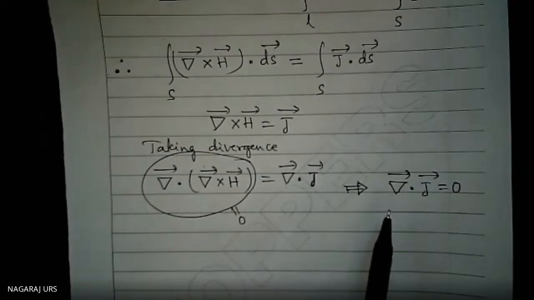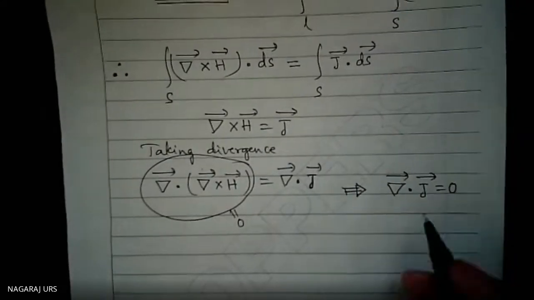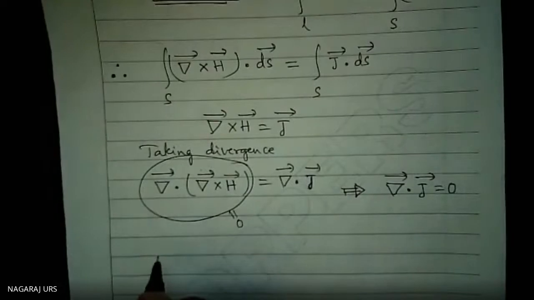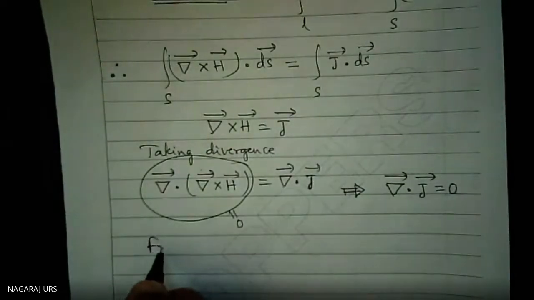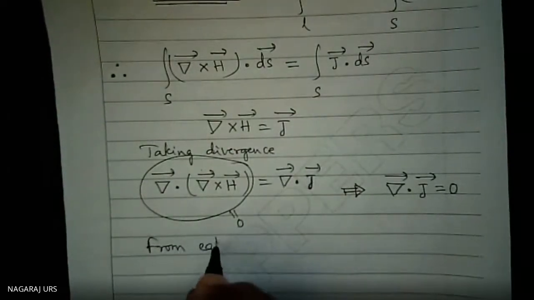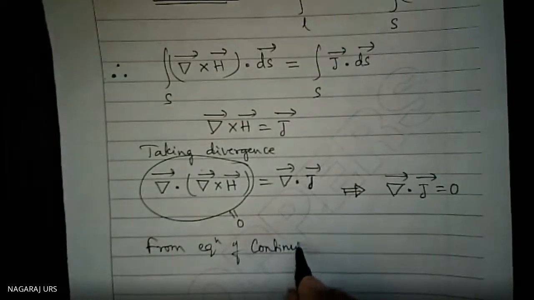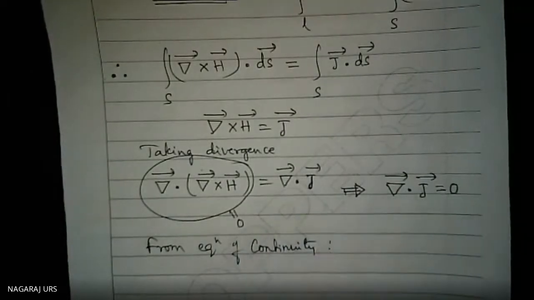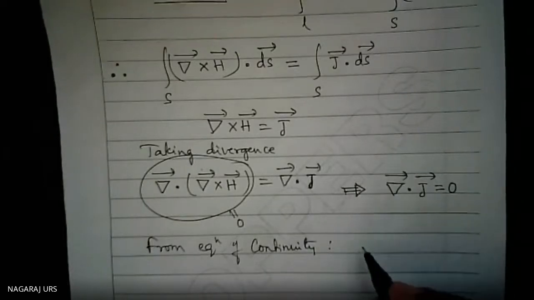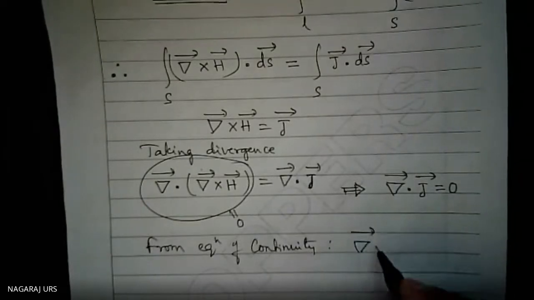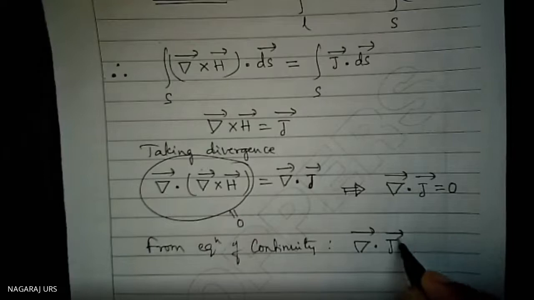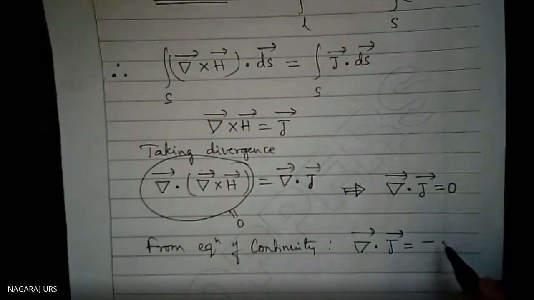So according to the equation of continuity, which we have already derived, I can write del dot J is equal to minus d rho divided by dt.